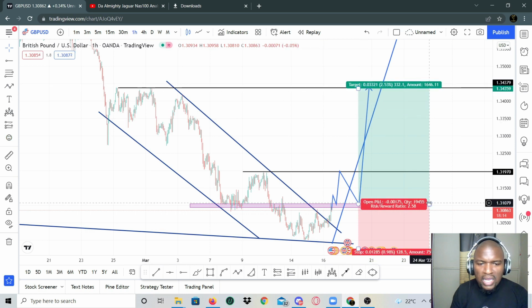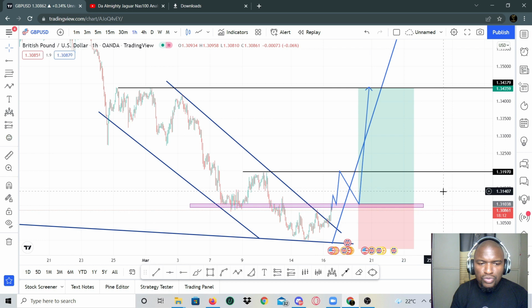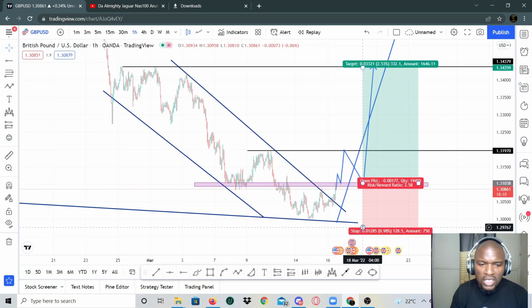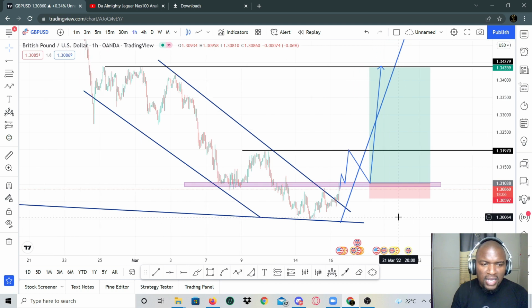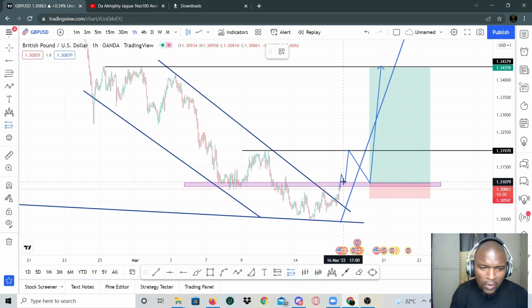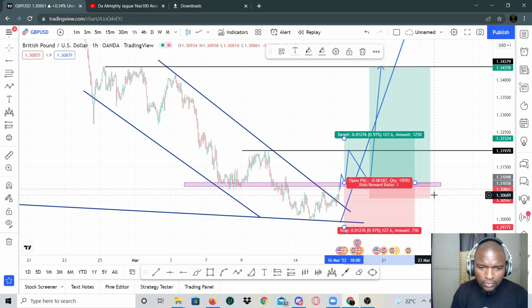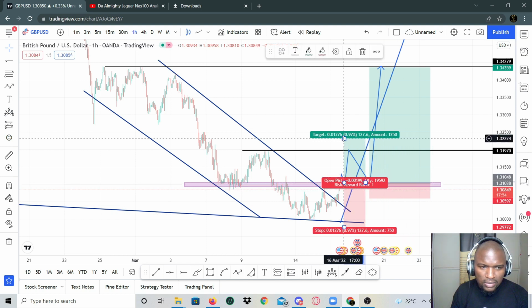That's where you can swing GU for more buying opportunities, or scalp these buys again once price does something like this.